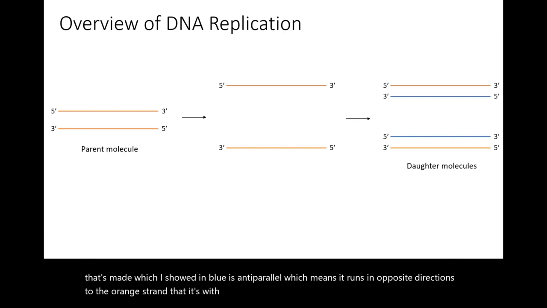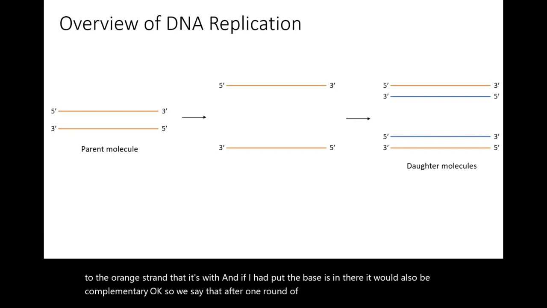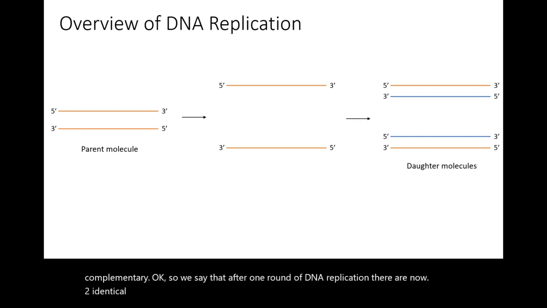And if I had put the bases in there, it would also be complementary. Okay, so we say that after one round of DNA replication, there are now two identical daughter molecules. There are now two copies of DNA.